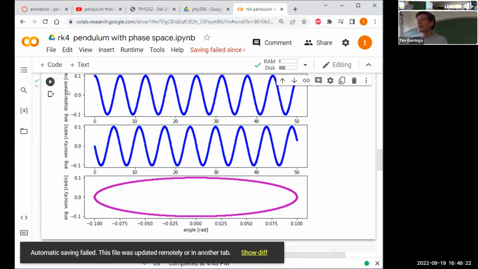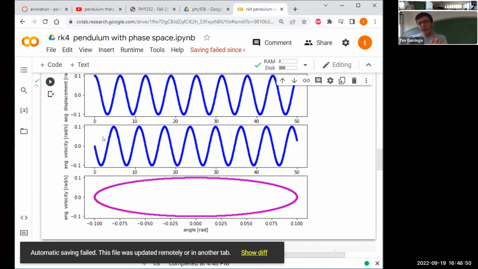Upstairs here is angular displacement versus time for my 50 seconds. Remember, my amplitude was 0.1 radians, so it's oscillating backwards and forwards periodically. Here's my angular velocity in radians per second. You notice it's out of phase. When the angular velocity is 0, you're at maximum displacement on the negative or positive sides.